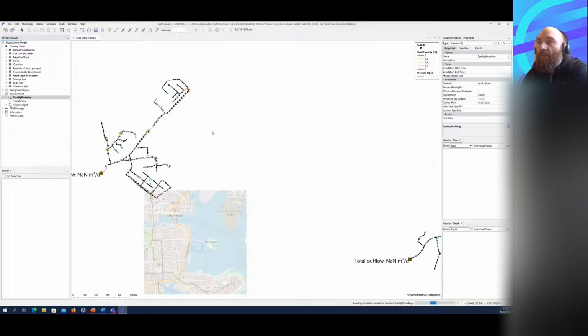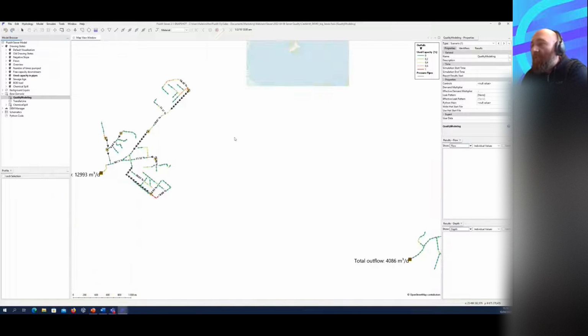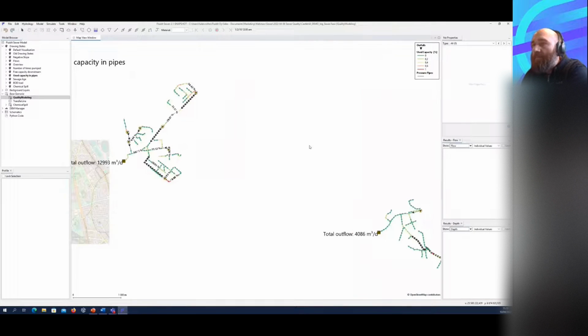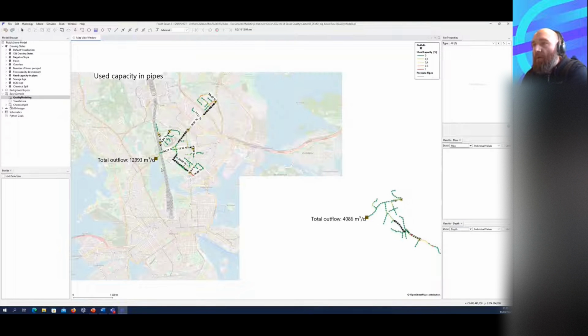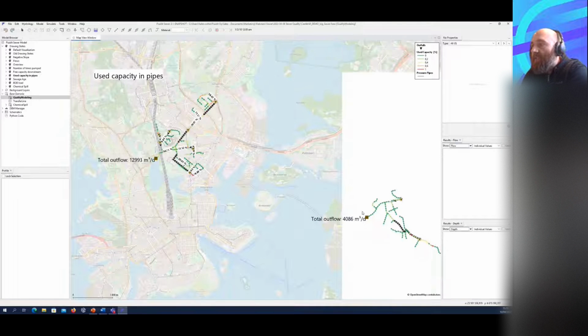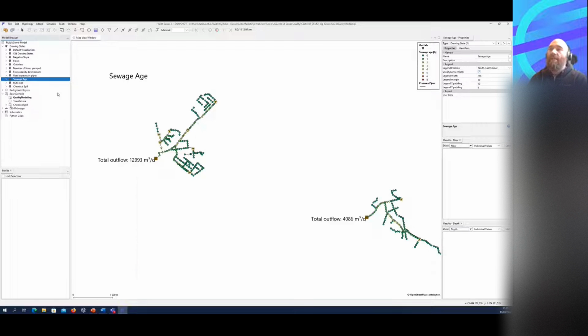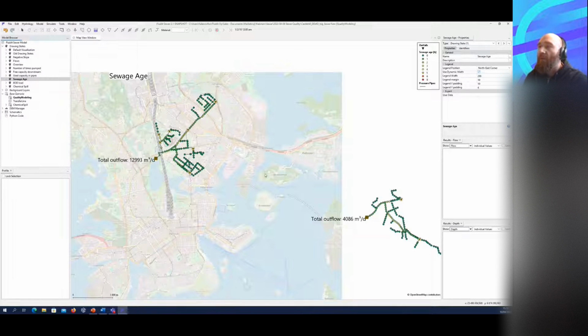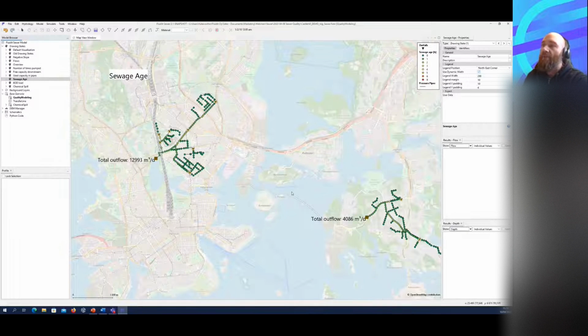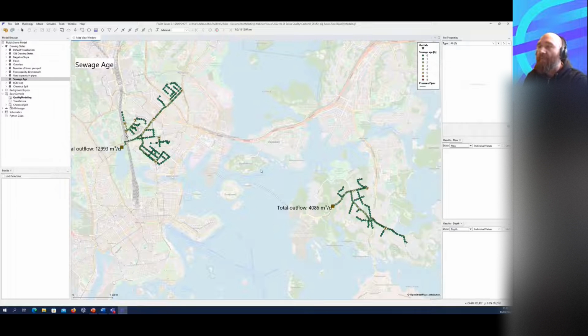So I'll just activate the quality modeling scenario here. I have two outflows or treatment facilities in my model. One has 13,000 cubic meters per day, and the other one has 4,000 cubic meters per day. Something which is useful to model is the age of the sewage. So how long does the water stay in the pipelines on average?